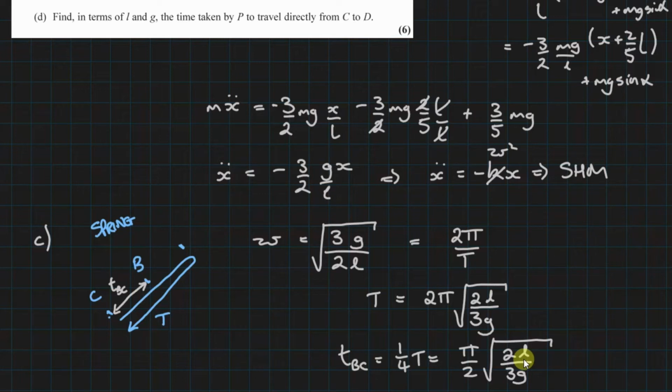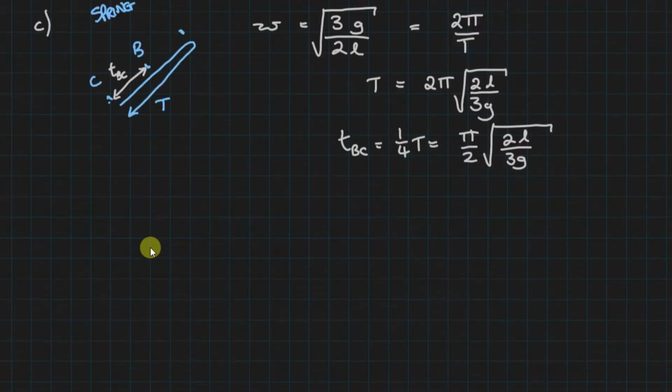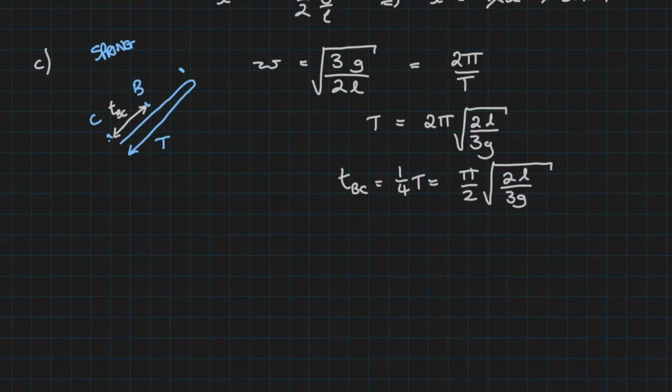Now, part C, I think was a little bit nasty because they're sort of implying that's the full starting point for the next phase. But to find, in terms of L and g, the time taken to get from this point B, we're going from C, it goes up to B, and now after B we've got an extra little bit of time until we get to the point where the natural position is.